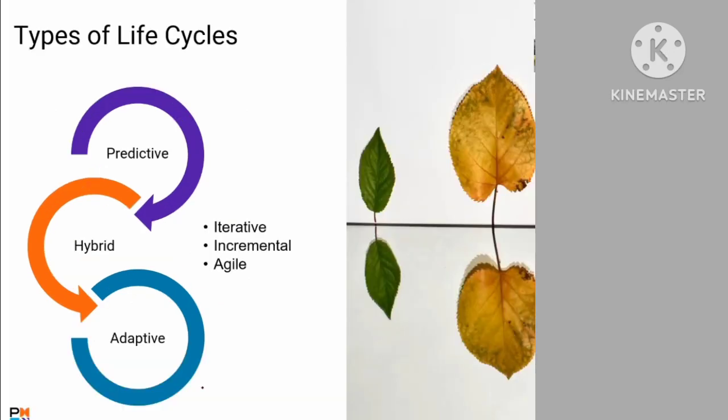And what about the adaptive life cycle? It is iterative in manner. That means the nature of the process is iterative, where we have to change course, change our methods, change our strategies over a period of time, or we need to do some retrofit of the process.